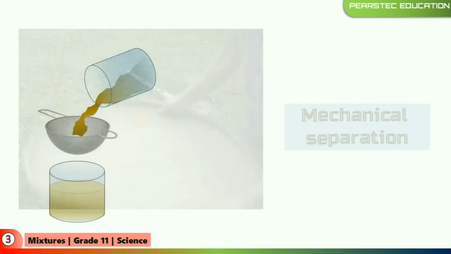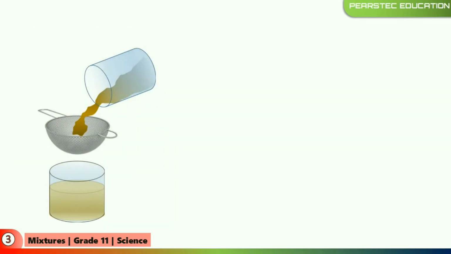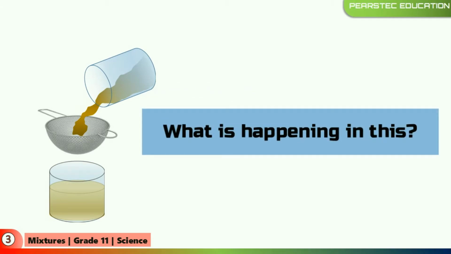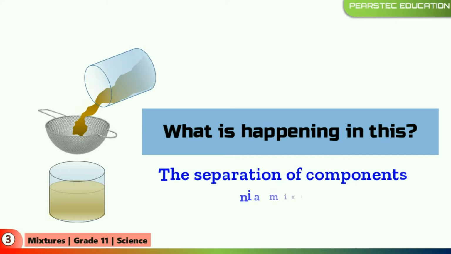It is interesting to understand this image. In your day-to-day life, your mom is making a cup of tea for you, right? And this is the method she normally uses to make a cup of tea for you all, by using a strainer. Now, what is happening in this? There it is a separation happening. The separation of components in a mixture is happening.